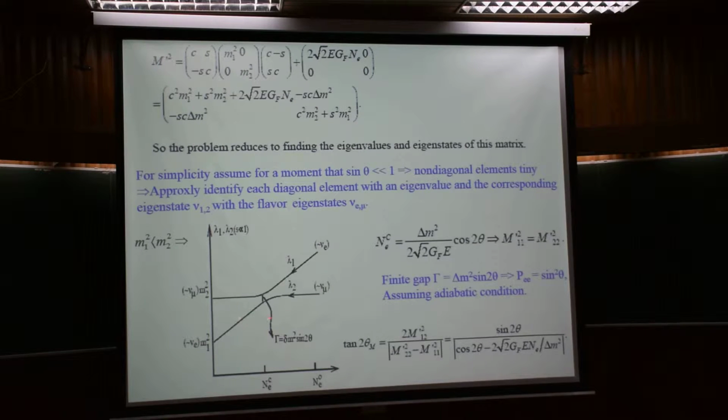And by the time it comes out as nu 2, which has a nu e component given by sin theta. So sin theta, be it small or large, the survival probability of solar neutrinos on Earth will be sin square theta, provided the core density is more than the crossover density, and there is no transition between these two. That is called the adiabatic condition.